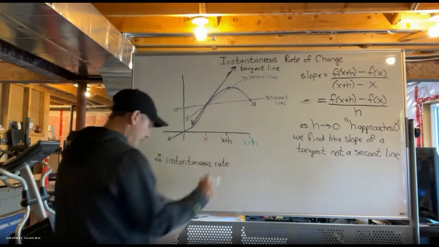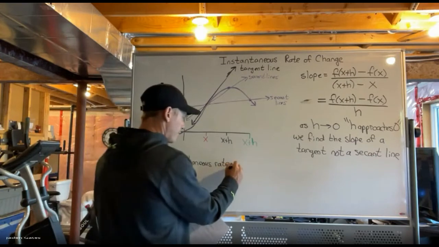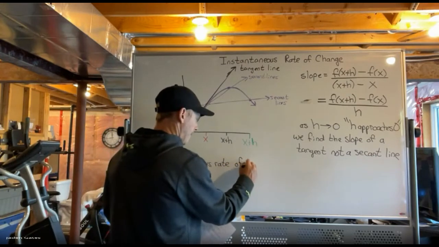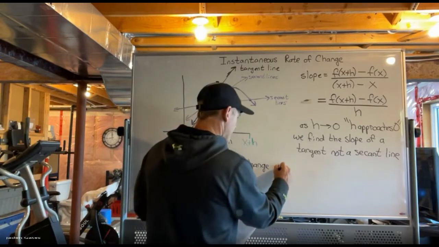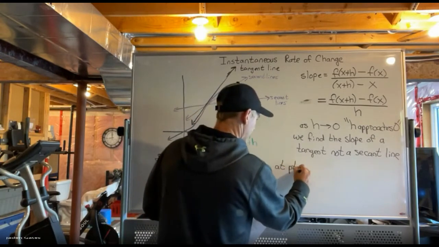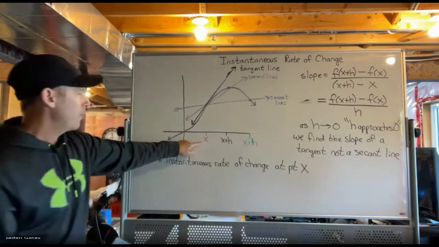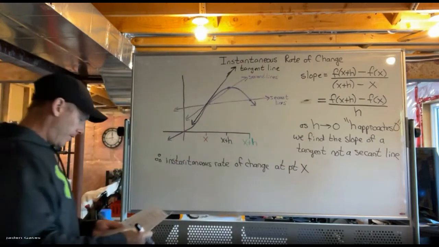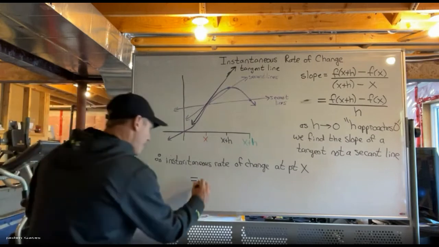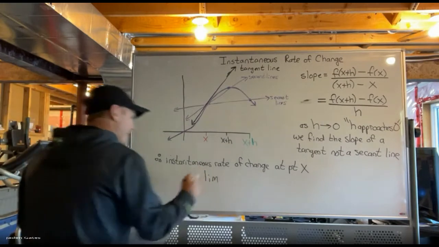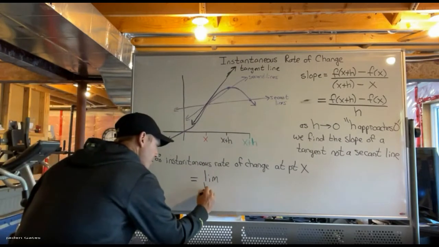So the instantaneous rate of change at point x here is equal to, here we go, LIM with h approaches 0.